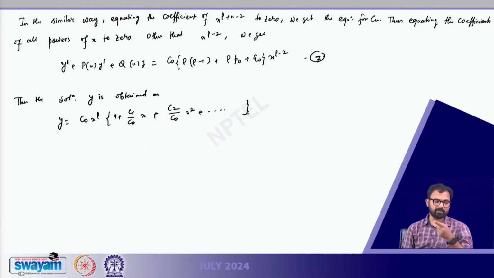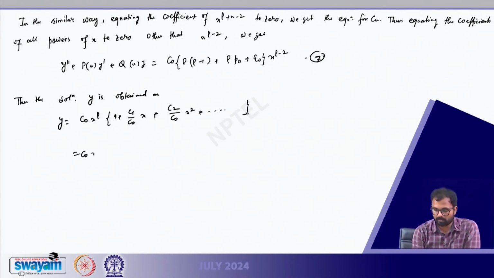So, basically C1 by C0 is our F1 rho. So, this can be further written as C0 x to the power rho times 1 plus x F1 rho plus x square F2 rho plus dot dot and so on.